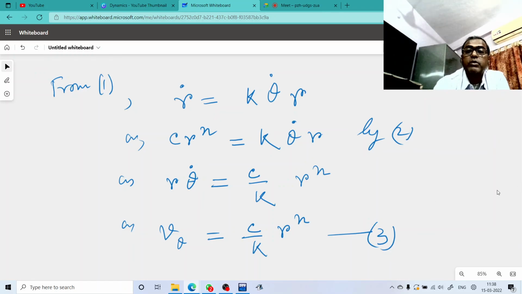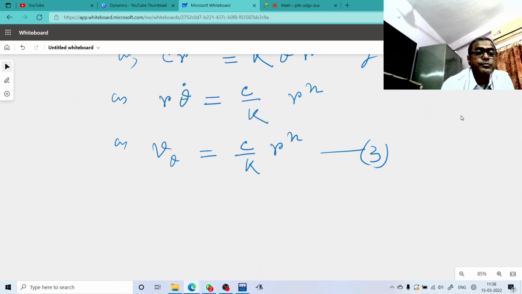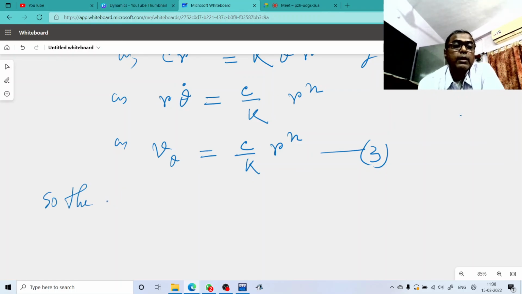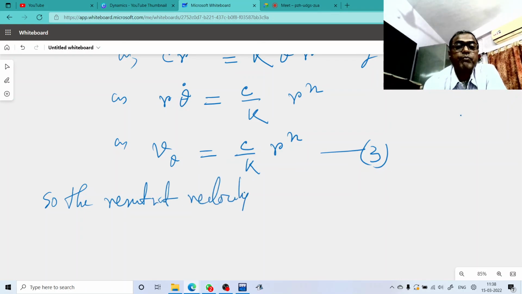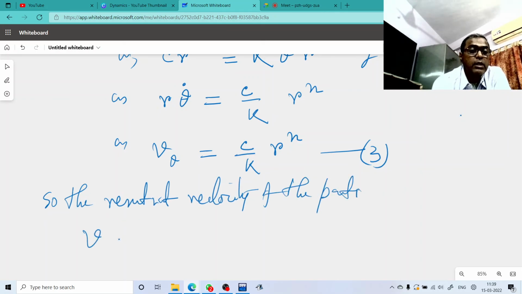So the resultant velocity of the particle, v equals root over of vr square plus v theta square.